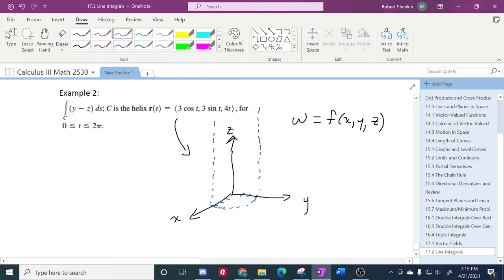You imagine this cylinder, and it goes behind this as well, and then we have this thing on the surface of that cylinder. Okay, but we're only going up to 2 pi, so I think we wind up stopping right here.